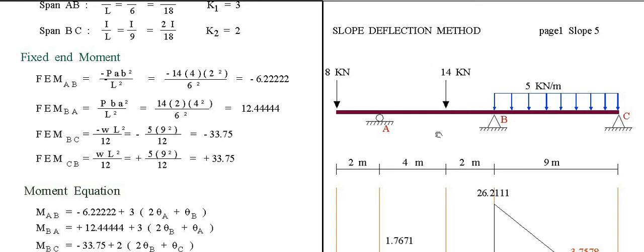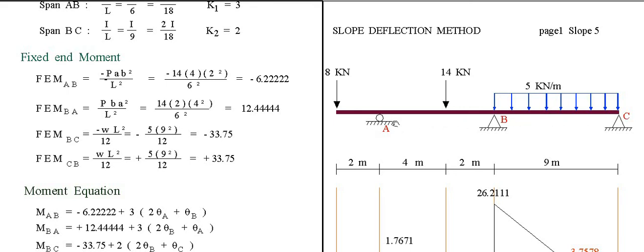Orientation of the sign for the span. Here, right of A negative, left of B is positive, right of B is negative, then left of C is positive. So for simplicity, this is minus, then plus, minus, then plus.